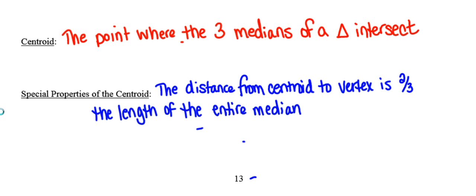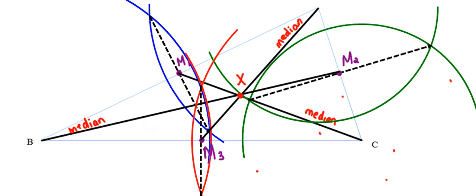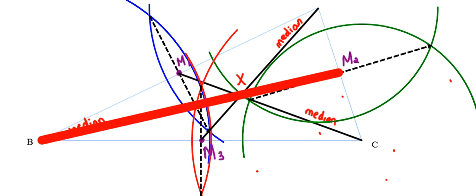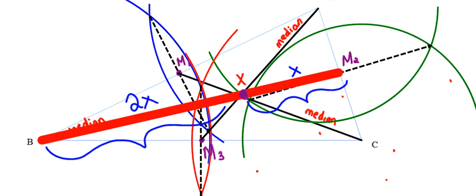I'm going to go back up and explain to you what this means in your picture. Maybe in order to do that, I'm going to make one of these medians red and bold. The centroid then is that purple dot X. What this is saying is that the distance from X to vertex B is 2/3 of the entire median, which extends from midpoint 2 all the way to B. Or in other words, and I think this is an easier way to explain it, the centroid will split this segment into two pieces such that they're in the ratio of 2:1.